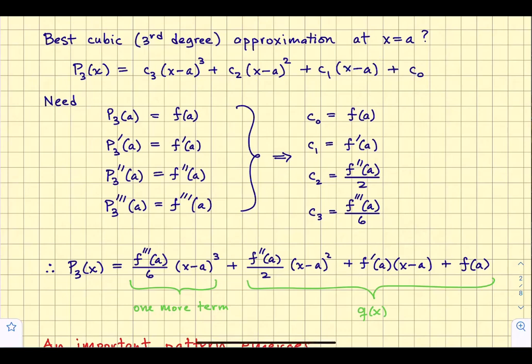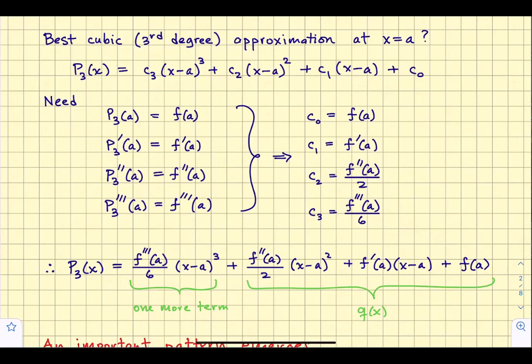Now, if you just go and do exactly what we did before: when it was a first degree polynomial, the approximation needed to match the function in function value and first derivative. When it was a second degree polynomial approximation, it needed to match the original function in function value, first derivative, and second derivative.